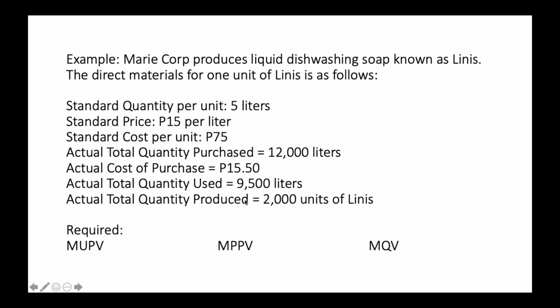So, out of the total actual quantity produced of 2,000 units, we were able to consume or use the total actual quantity of 9,500 liters. Now we have to compare the actual versus the standards. We will compute for the material usage price variance and material purchase price variance and material quantity variance.